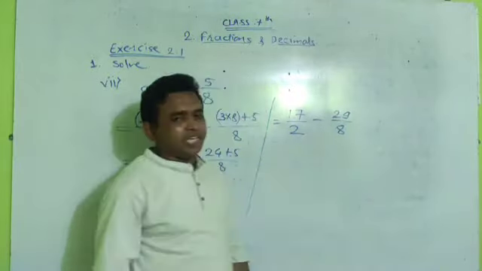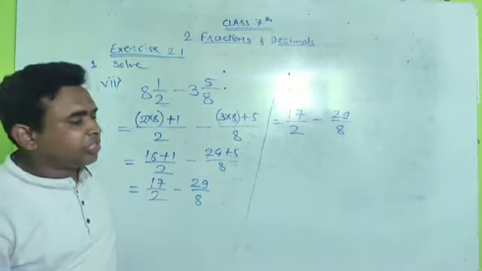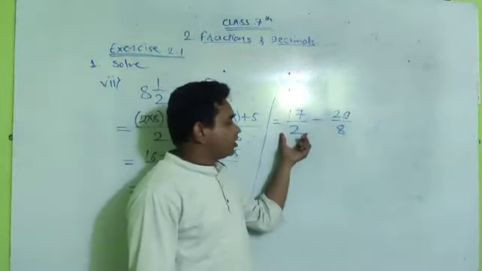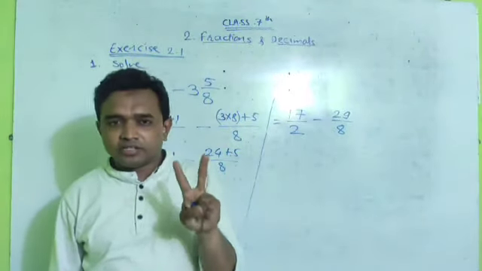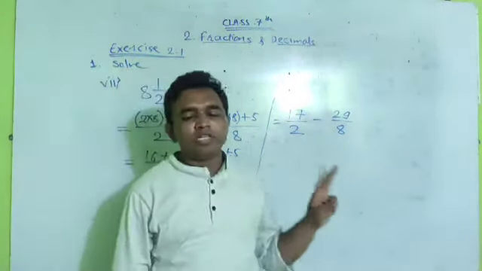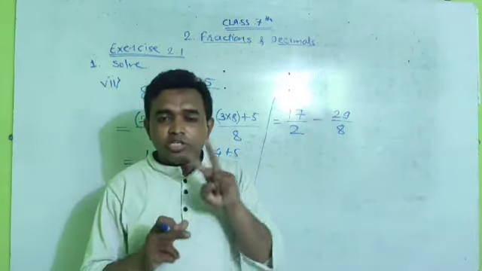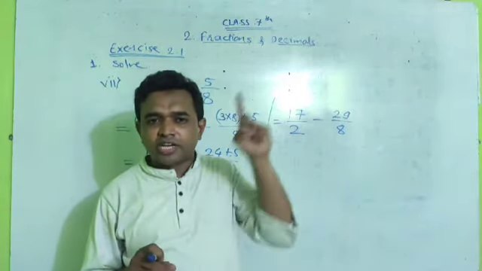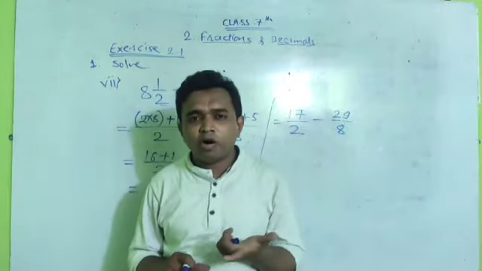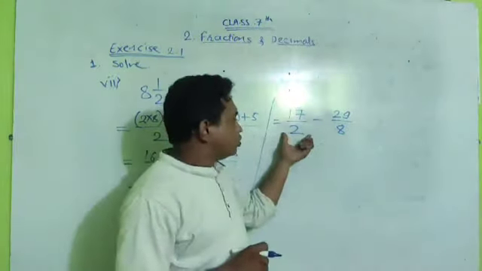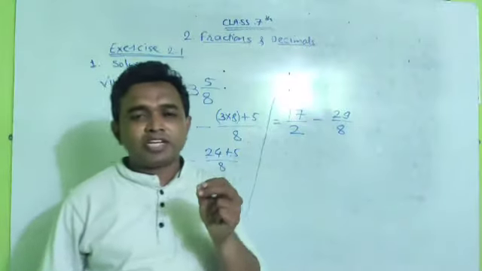Firstly, concentrate on the denominator value. The first denominator is 2, the second denominator is 8. There are two ways of solving this. For number 1, you simply multiply the denominators to each other and cross multiply in the numerator. Another method is to make the denominators equal.